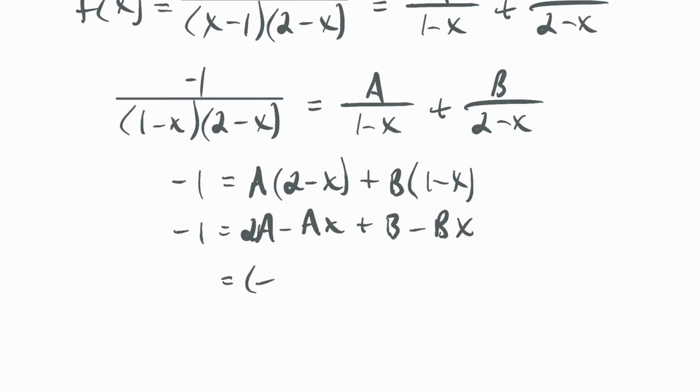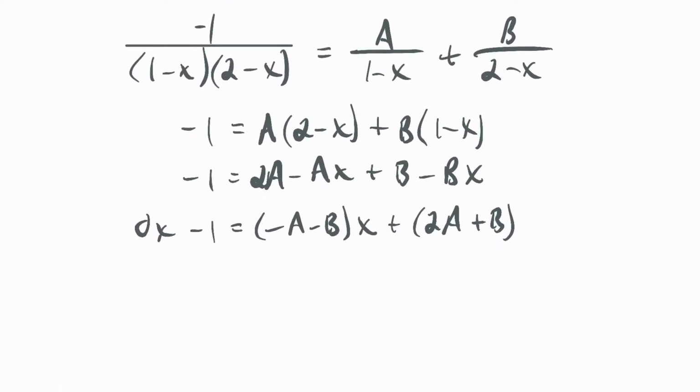So I'll have (-a minus b) times x plus 2a plus b. And on the left, I'll have 0x minus 1. So I know that 0 has to equal -a minus b, and -1 has to equal 2a plus b.